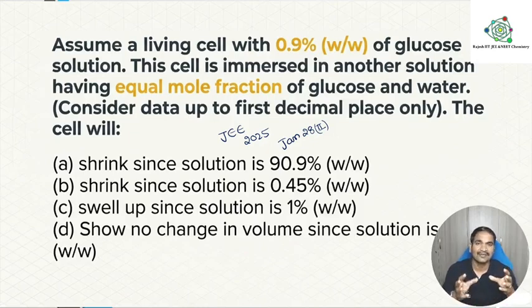Just imagine you take one cell. So this is one living cell. Inside this living cell, glucose solution is there. Its concentration is 0.9% mass percentage. Already this cell has a certain solution whose concentration is 0.9 weight percentage.